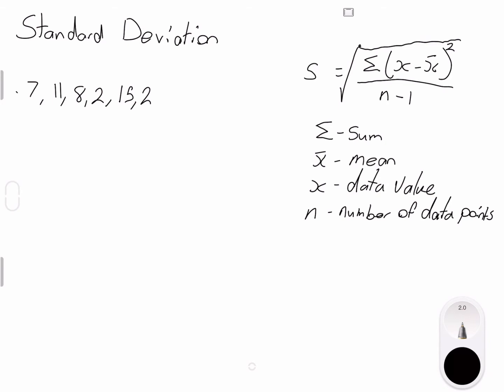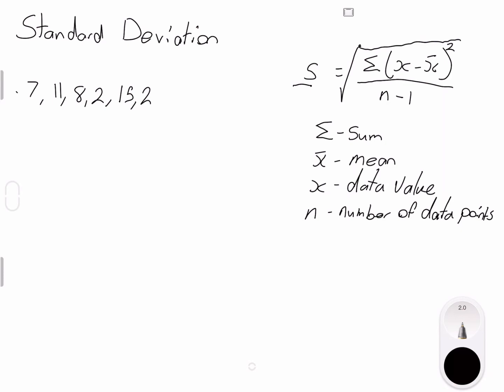So we've got S here as being standard deviation, and it's equal to the square root of all of this. Now, this funny looking symbol here that looks a little bit like an E is actually sum. So it's the sum of these bits here, where X with a line over the top is our mean, so we have to actually calculate the mean first.